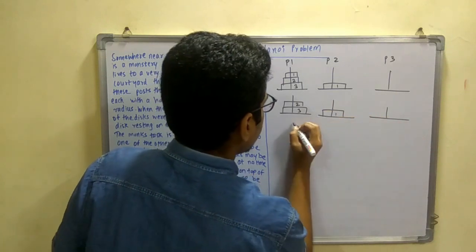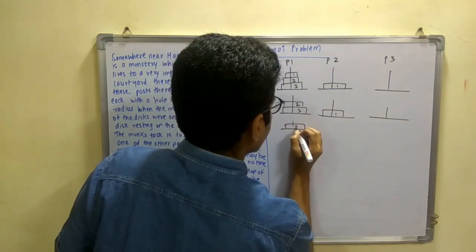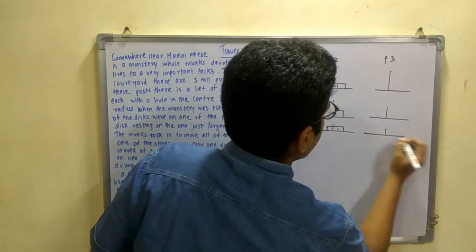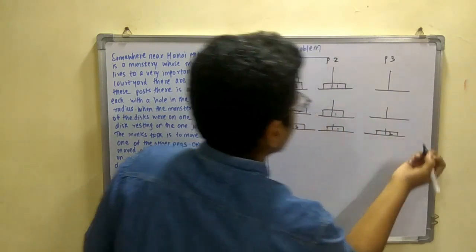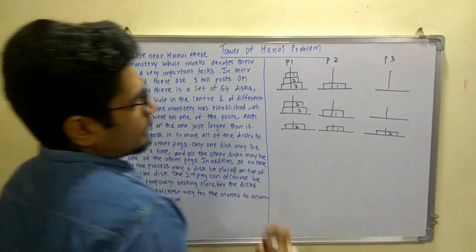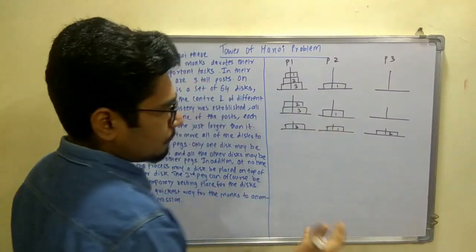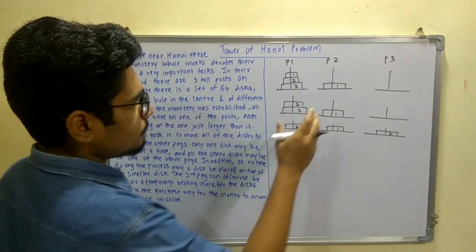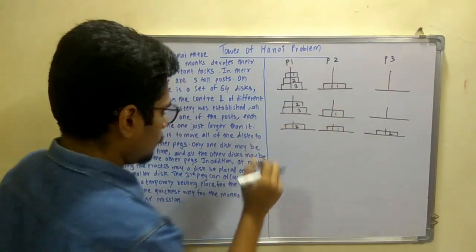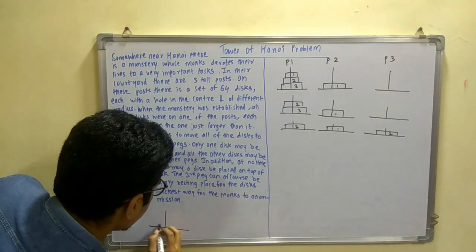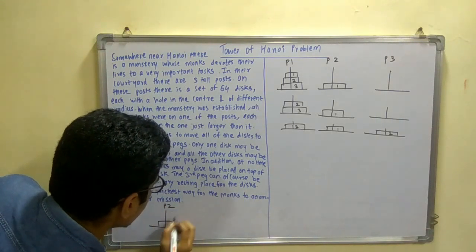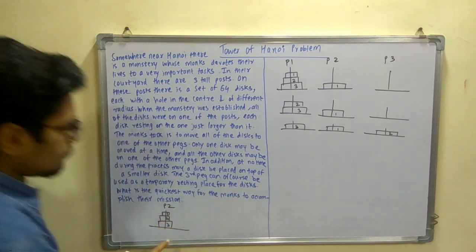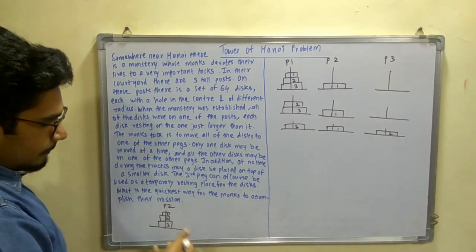So here only 1 would be there, and here 2 would be there. At the next stage, we have to move one of the pegs on top of that. This is the initial configuration; our final configuration would be at post 2, where we would be keeping 3, 2 and 1. So this could be a solution to this.